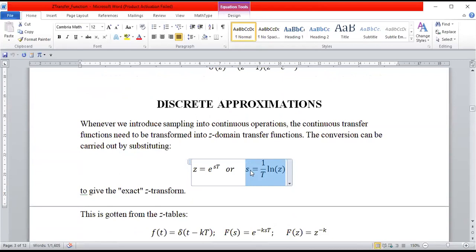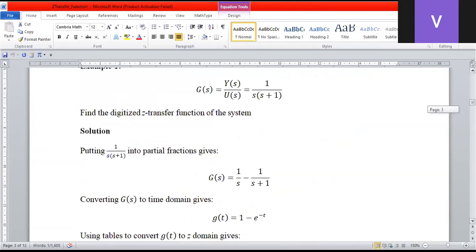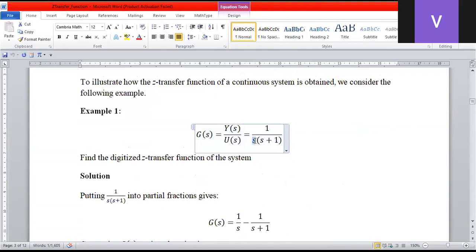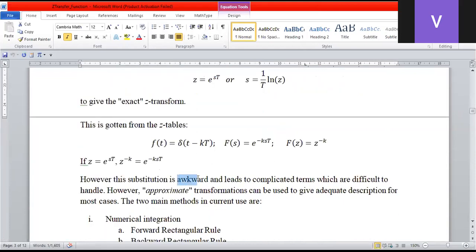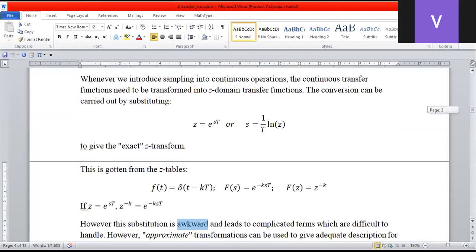Let's say that this is our exact approximation, and we let X be equal to ln of Z. With this method, S is equal to 1 over T multiplied by ln of Z. If we were to use this method to solve this example, we would replace S with ln of Z divided by T. The calculation is going to be very messy and awkward, and leads to complicated terms which are very difficult to manipulate, because the first method we used is much easier.